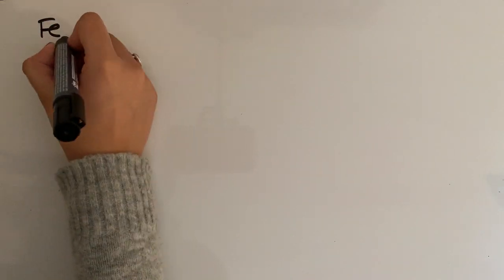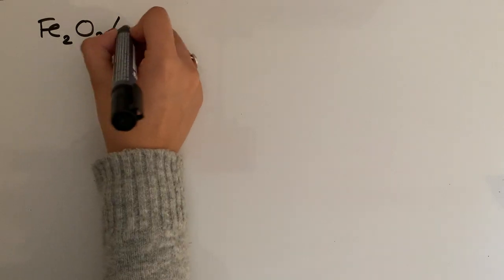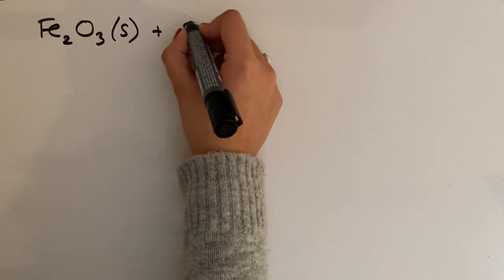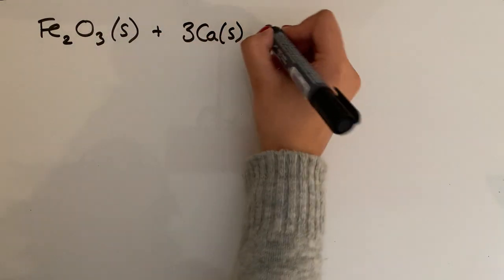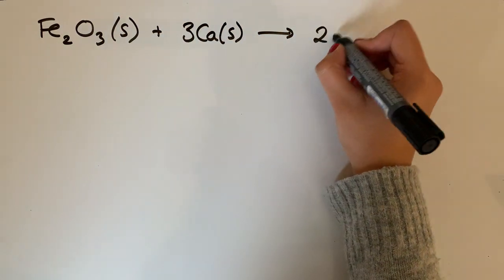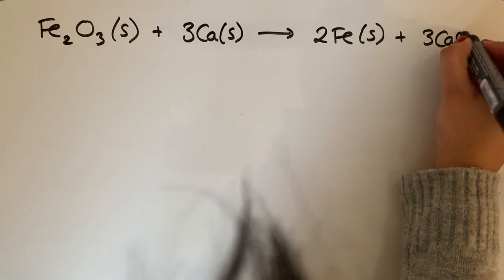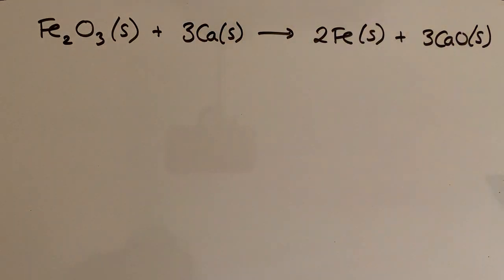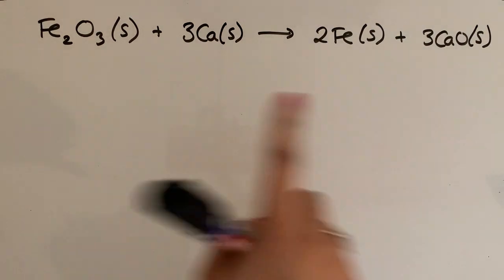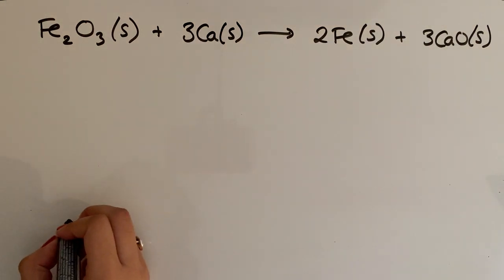So this one is enthalpy change of formation being given to you. So let's say they want us to work out the enthalpy change of reaction for this equation here. And the information, as I said, that they've given you is the enthalpy change of formation of these reactants and products here.